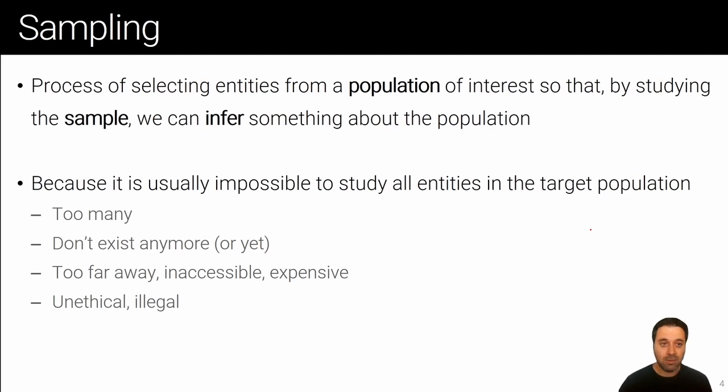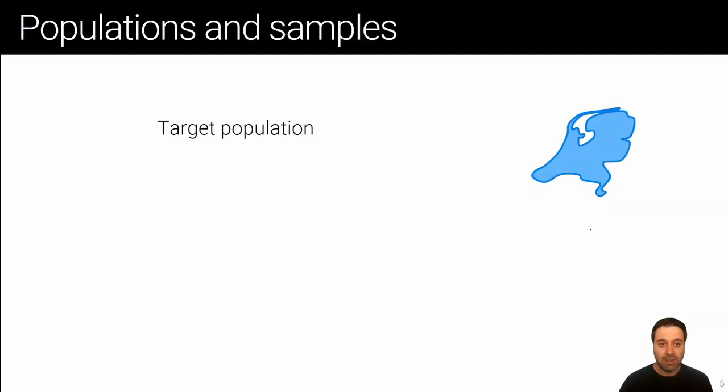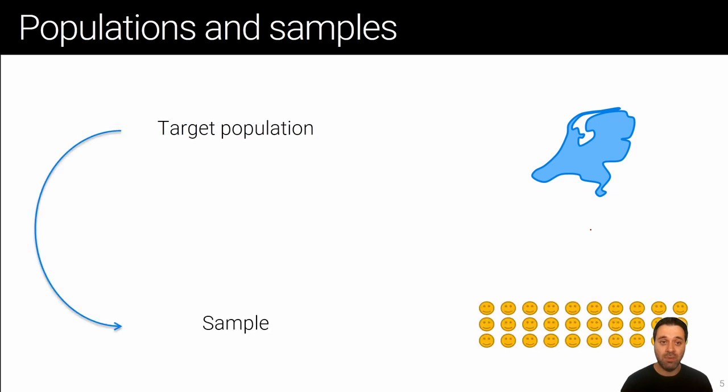So let's take a look at the whole thing a little bit more. Let's say we have a target population. So what is the population that we are targeting in our study, the one that is of interest to us? Let's say in our case that it's the whole country. We want to know something about all citizens in the country. And what we do is draw a sample from that population. We will see how we can do this.